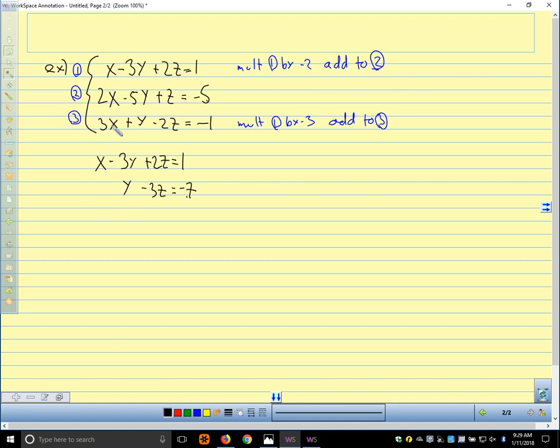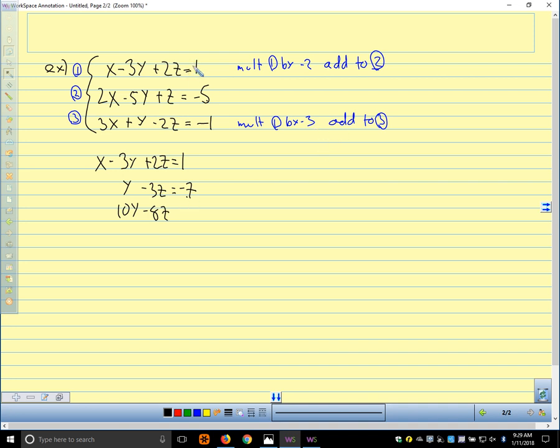So now I'm going to write the result that I get there. So I get -3x plus 3x, get a 0x there, that's good, 9y minus y. Did I do that right? No. Positive 9y plus y. 10y. I get a -6z plus a -2z, so minus 8z.